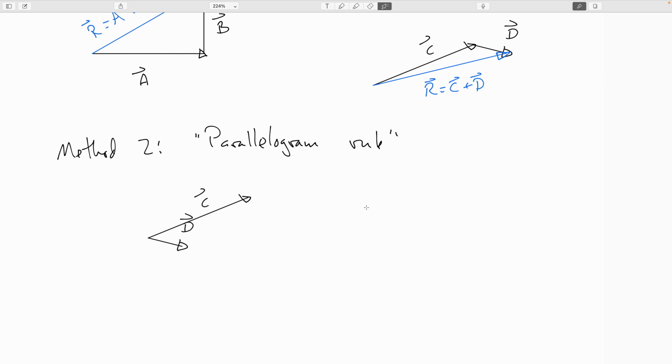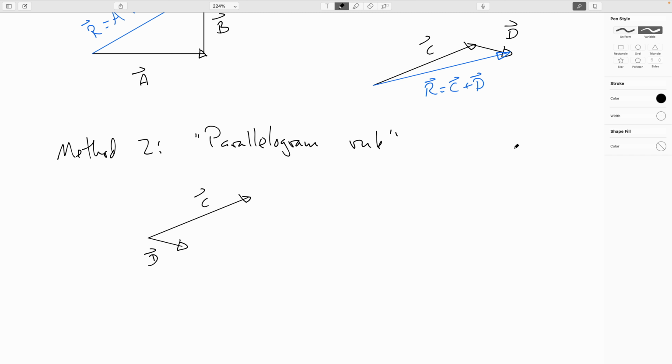Now, in the parallelogram rule, what you do is you say that my vectors C and D here, pardon me here. Let's do a better job of labeling. There, much better.